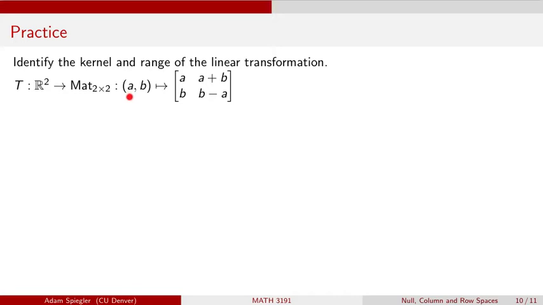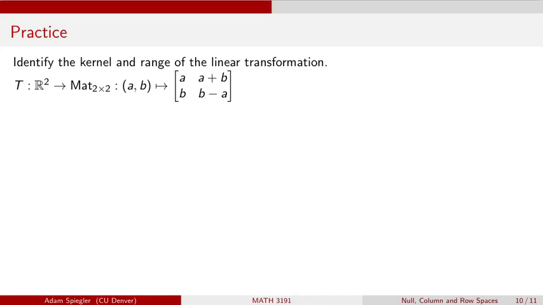This map is defined by taking vectors (a, b) and mapping them to a 2 by 2 matrix where the first entry in the first row is a, the second entry in the first row is a plus b, and then on the second row, we have b followed by b minus a. So that's our map. Given a vector (a, b) in R2, we now have a way of determining a unique matrix in the vector space of 2 by 2 matrices.